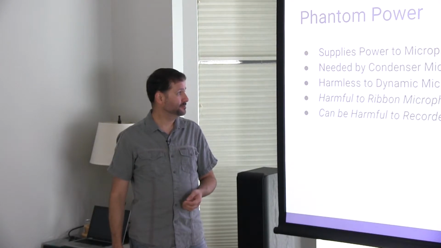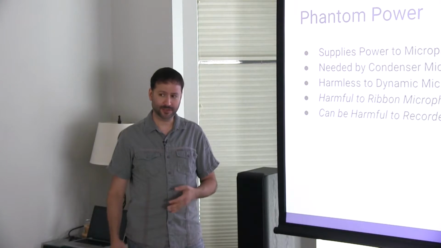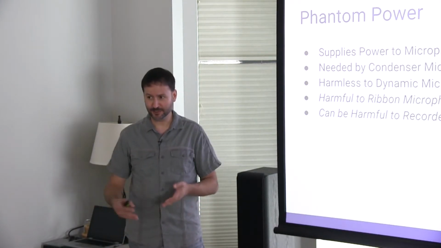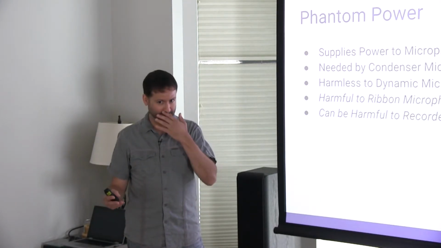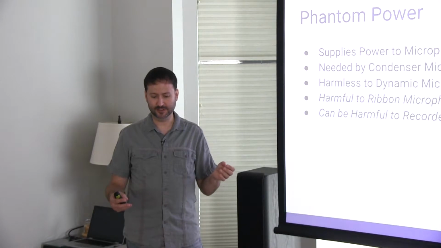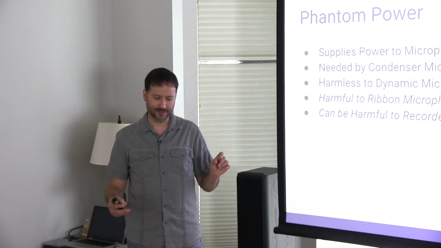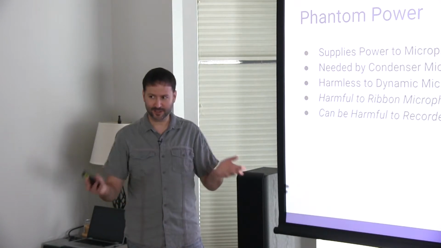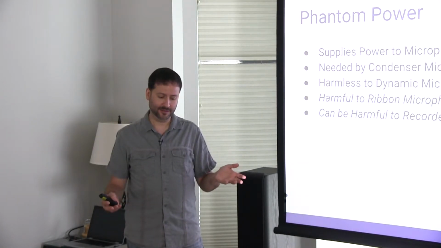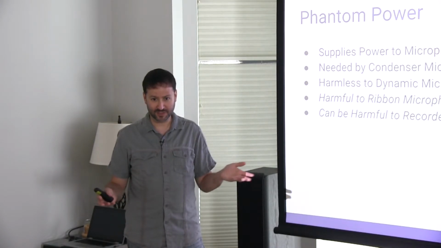The reason it's called phantom power is because when they first came up with the XLR spec, the only microphones that existed were dynamic microphones, so there's not a separate power conductor on that cable. What they've done is supply power across two things that wouldn't normally have power on them, and a dynamic microphone wouldn't expect it to be there, but it doesn't hurt it.